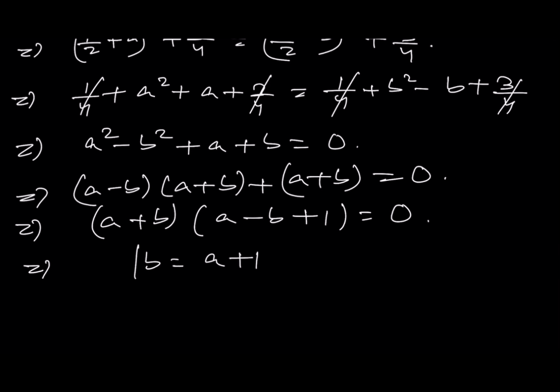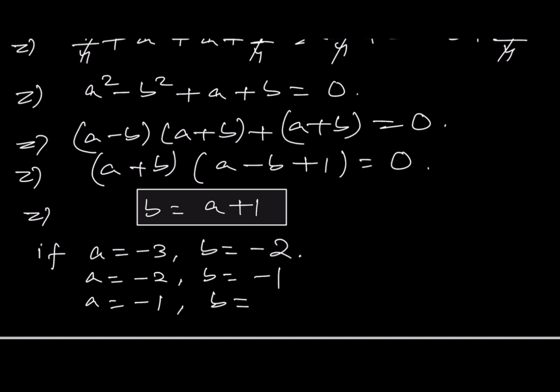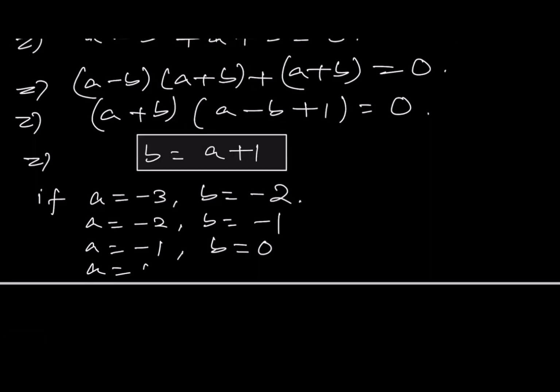Now from this equation I can get a and b. If a is minus 3, b is minus 2; a is minus 2, b is minus 1; a is minus 1, b is 0; a is 0, b is 1; a is 1, b is 2; and if a is 2, b is 3.